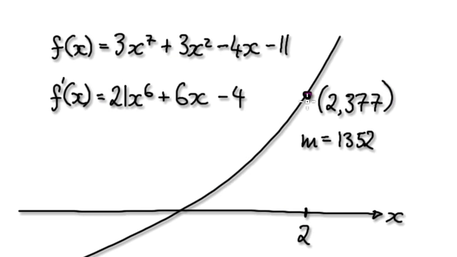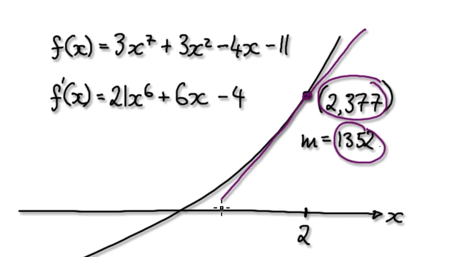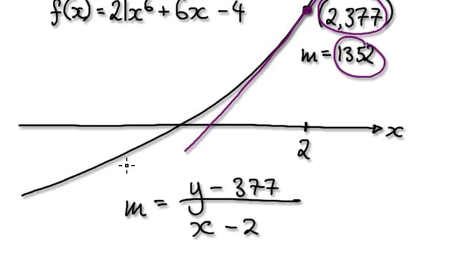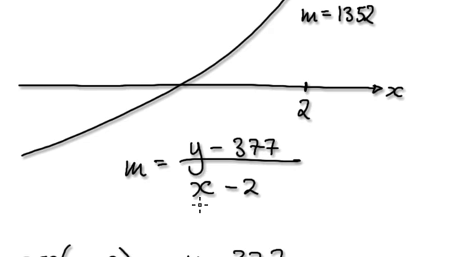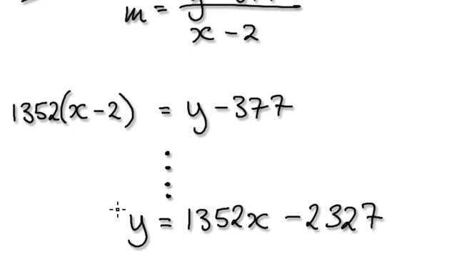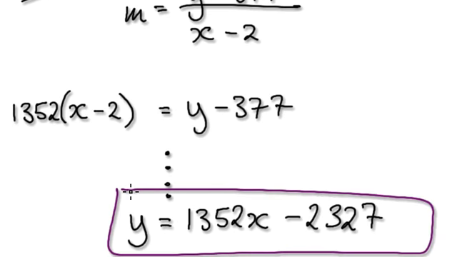Now you've got one particular point, which is here, and you know the gradient. Therefore, you should be able to draw a straight line. You should be able to come up with an equation for a straight line. So you know the gradient here, which is this. So you can put this into here, and the equation for that straight line would be given as this.